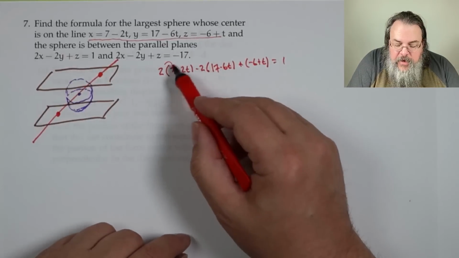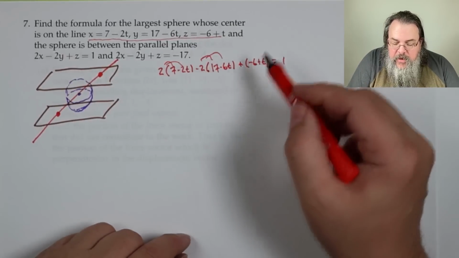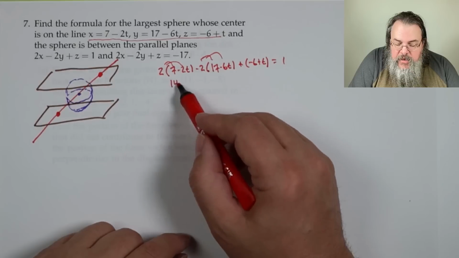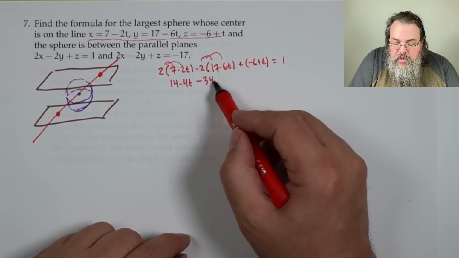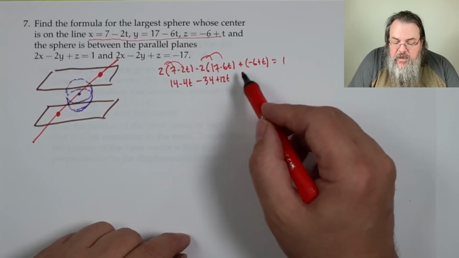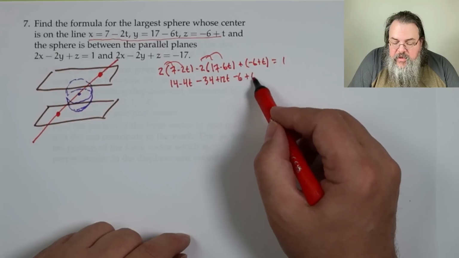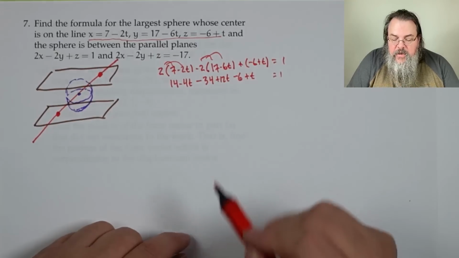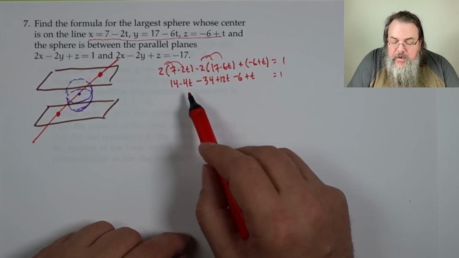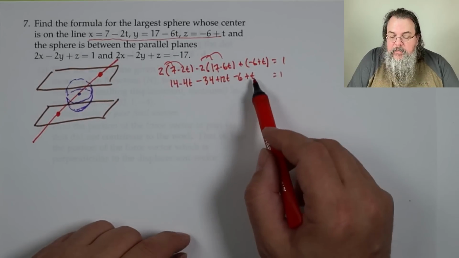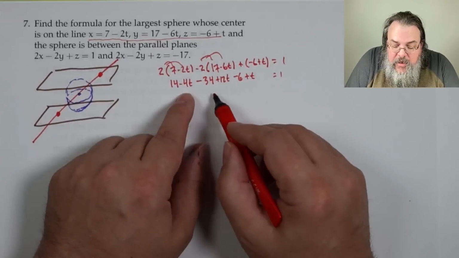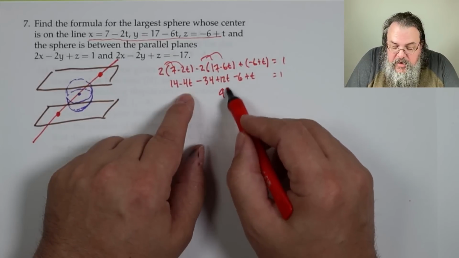So we carefully distribute, and we're going to get 14 minus 4t minus 34 plus 12t minus 6 plus t equals 1. And we'll gather. We have 12t plus t makes 13t. Subtract 4t, that makes 9t.